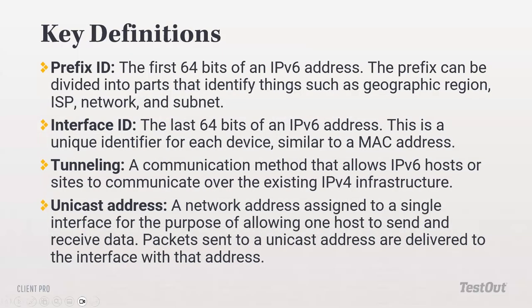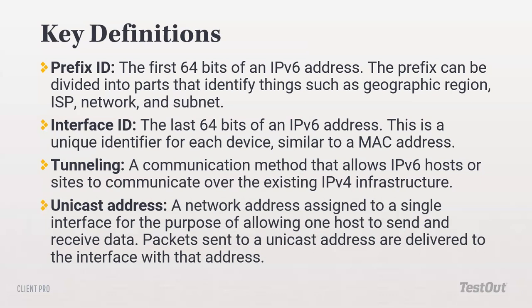So first, since an IPv6 address has 128 bits, the first half, the first 64 bits, is what we call the prefix ID. And that is where we can subnet, if you will. So it gives us a lot of space to do that within these first 64 bits.